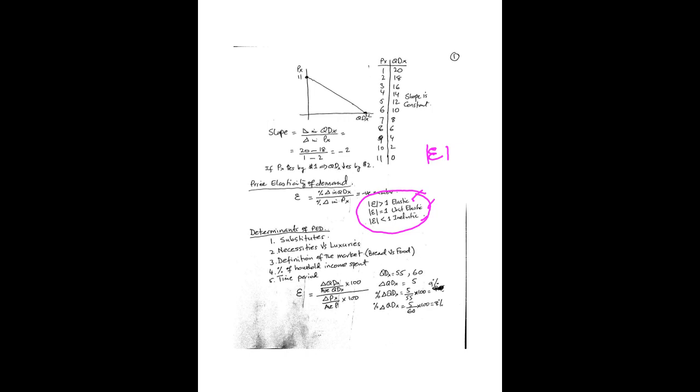Third, definition of the market. Actually, all these factors are interrelated. By definition of the market, I mean whether you are considering a product in a broad perspective or in a narrow perspective. So, for example, let's take food.